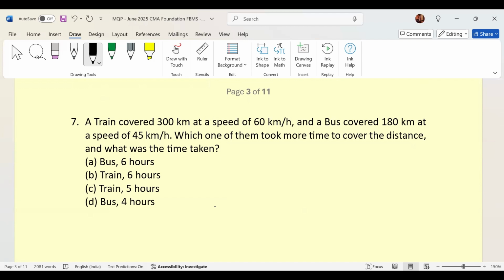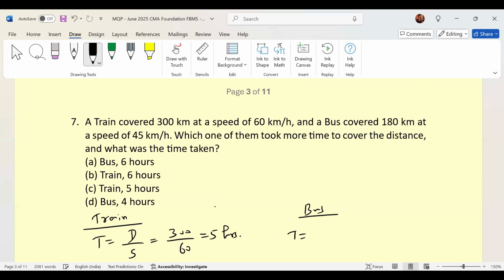So first we will say train. Time taken is D divided by S. D is 300 divided by 60, so it is 5 hours. And bus, time taken is D divided by S. Here D is 180 kilometer divided by 45, which works out to 4 hours.